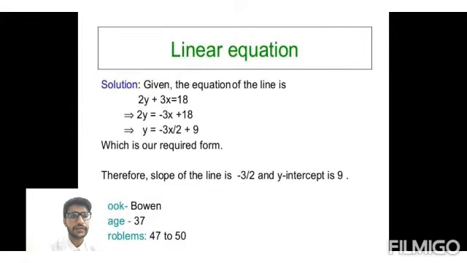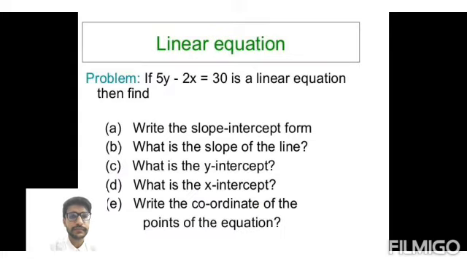Given the equation 2y plus 3x is equal to 18, this is to be written in slope intercept form, stating the value of the slope and the y-intercept. 2y is equal to minus 3x plus 18, and y is equal to minus 3 upon 2 x plus 9, which is our required form. Therefore, the slope is minus 3 upon 2 and the y-intercept is 9.